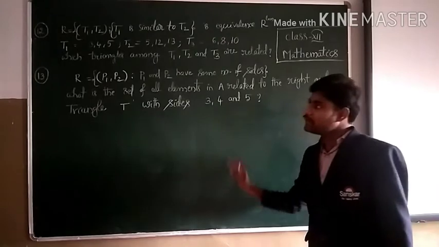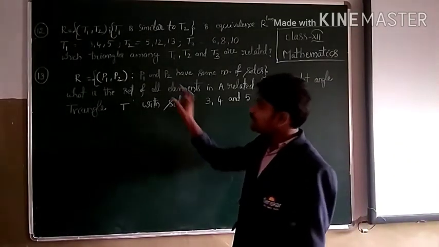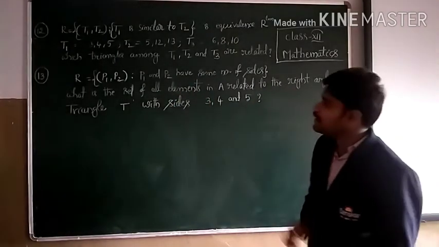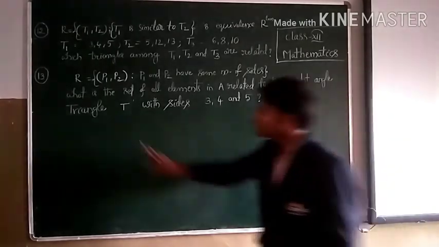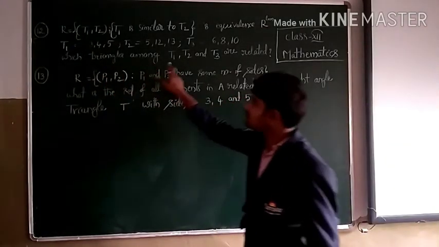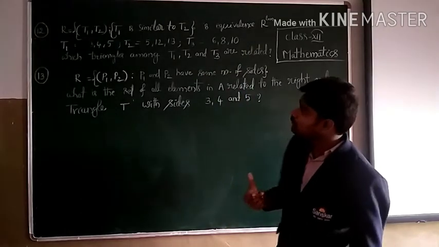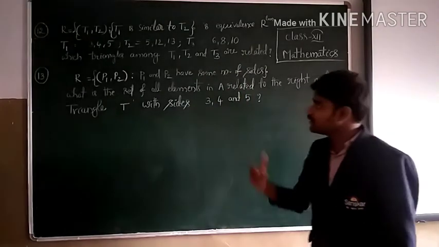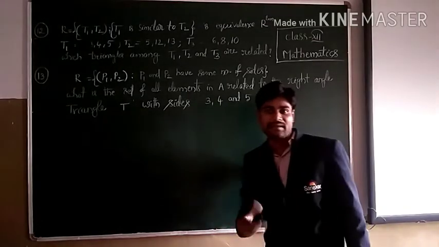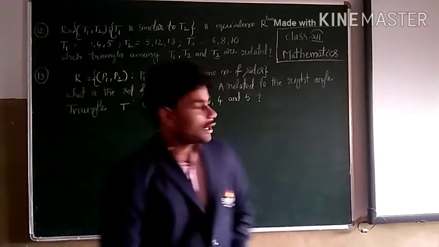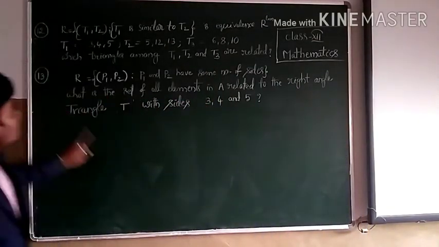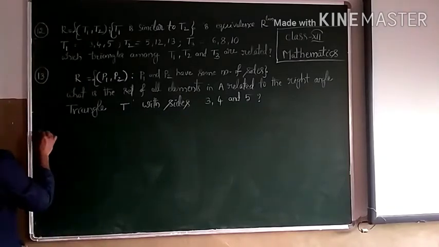So first of all we need to show that the given relation is an equivalence relation. Afterwards, we find which triangles among T1, T2 and T3 are related to each other. Now let's see the 12th one first.